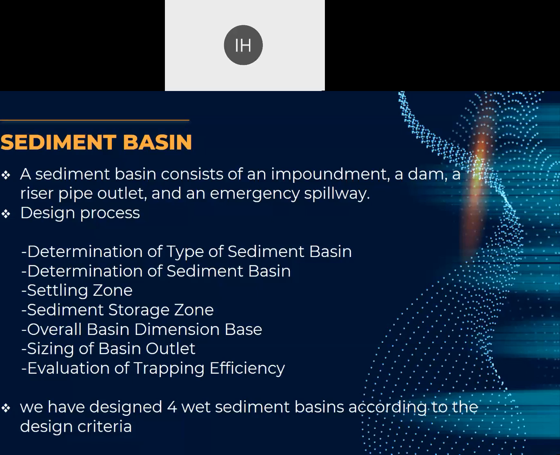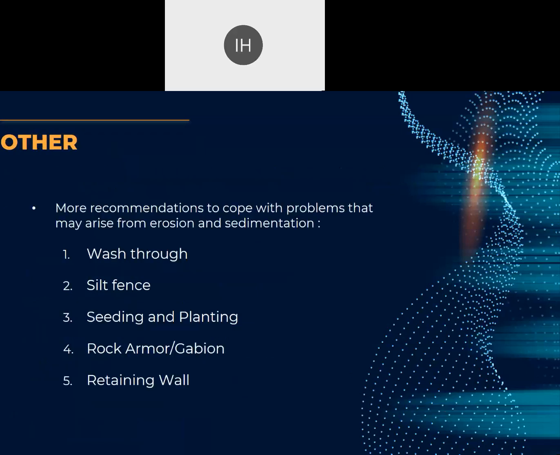Also, we have designed a forebay sediment basin according to the design criteria. And lastly, other recommendations to cope with problems that may arise from erosion and sedimentation: firstly, wash trough, silt fence, seeding and planting, rock armor or gabion, and also retaining wall.